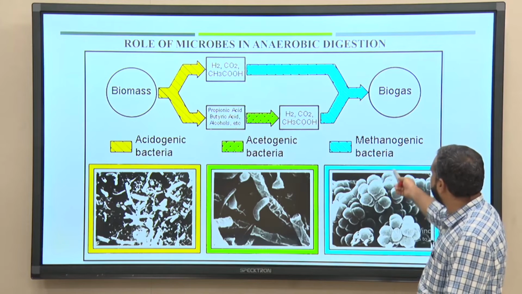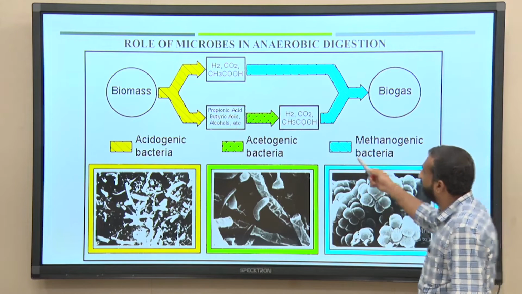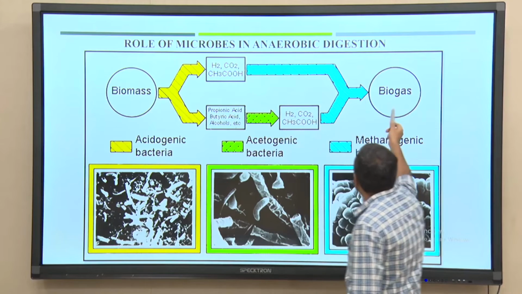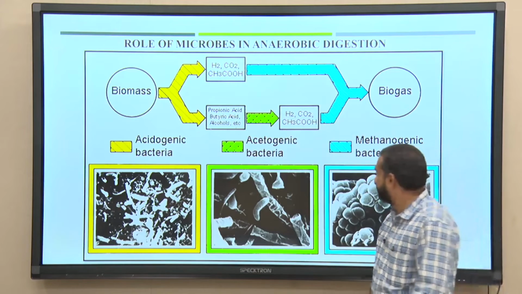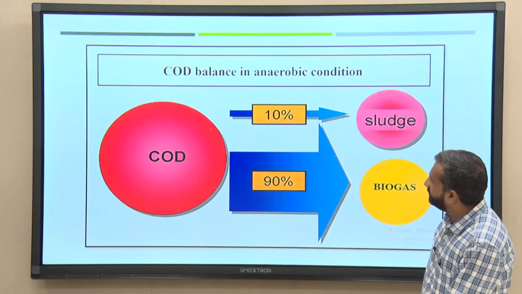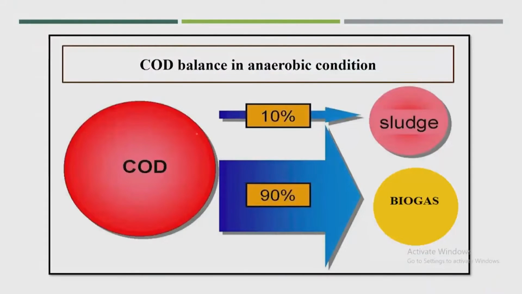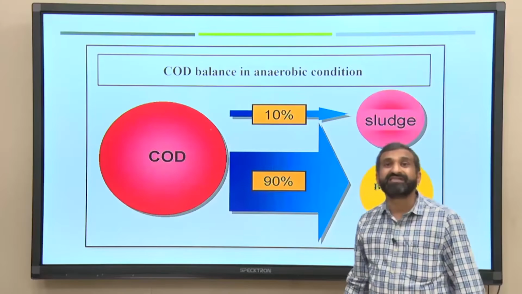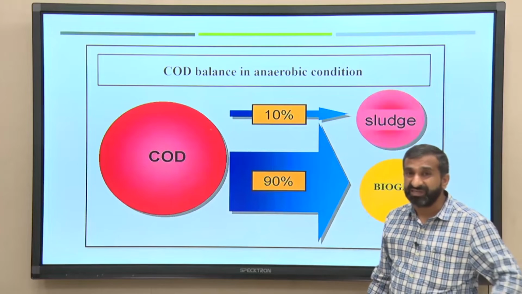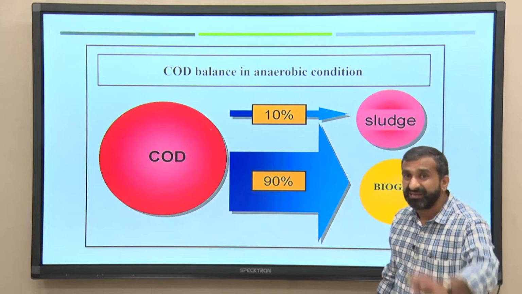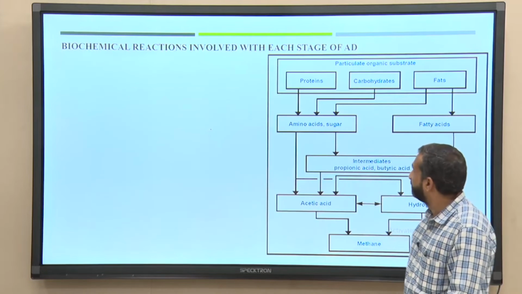Finally, methanogenic bacteria convert this same acetic acid into methane and carbon dioxide. If you see the COD balance, or chemical oxygen demand, which is nothing but organic matter in the anaerobic process, 90% is utilized for biogas production, and only 10% goes to sludge or digested production. That is why the anaerobic process is highly beneficial.